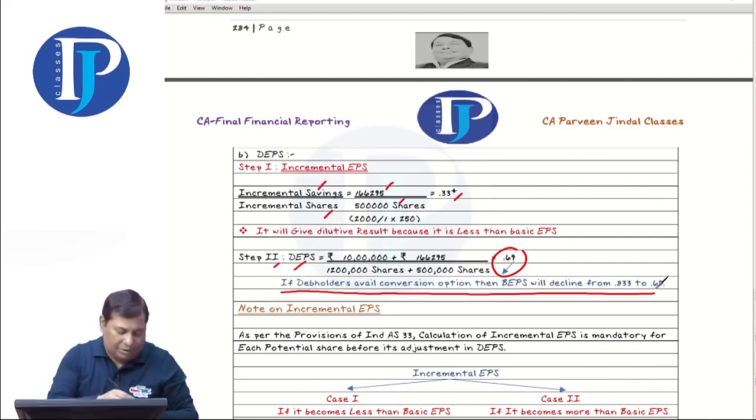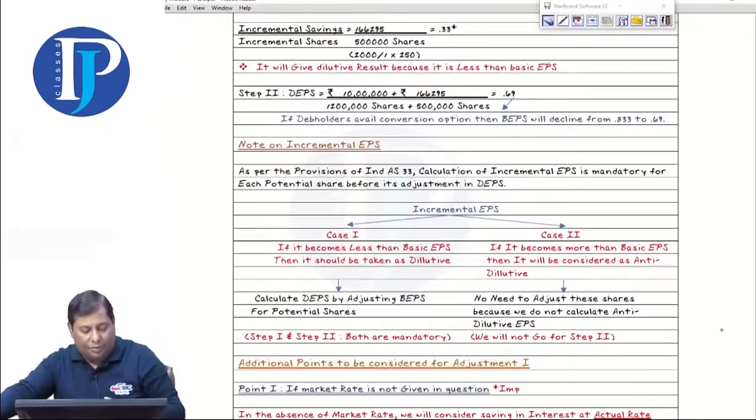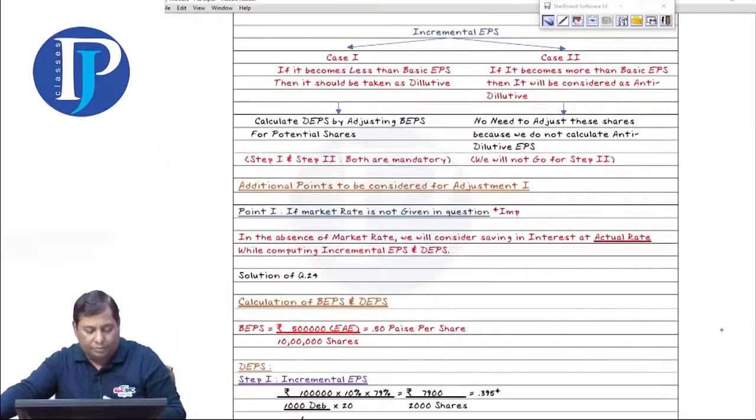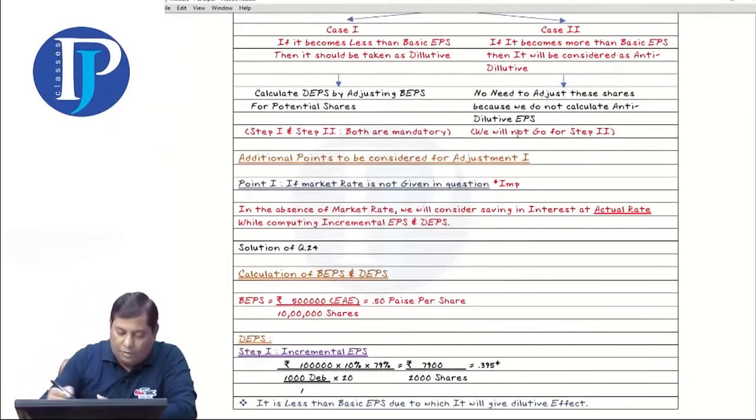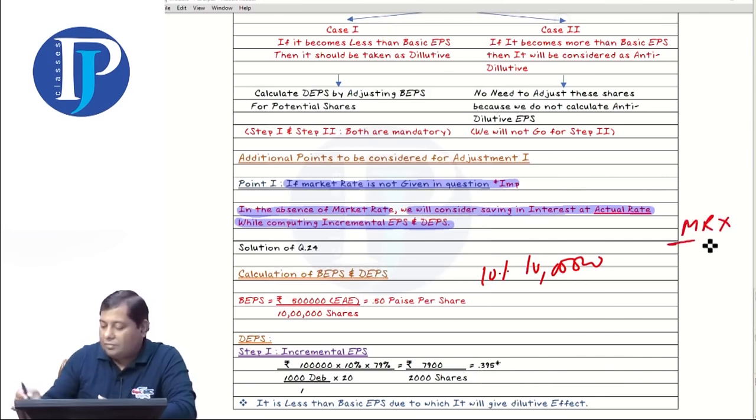We have covered this in class. We spent a good time on it and did some questions also. Look here, we wrote notes too. If the question is without market rate, in that case we will consider saving in interest at actual rate while computing incremental. Suppose debentures of 10 lakhs at 10% rate with no market rate.